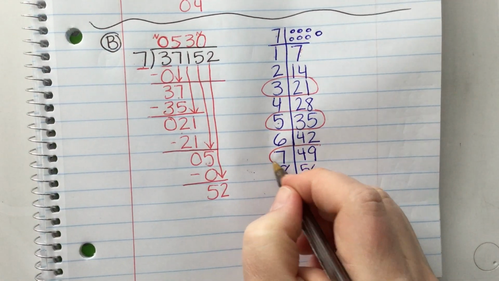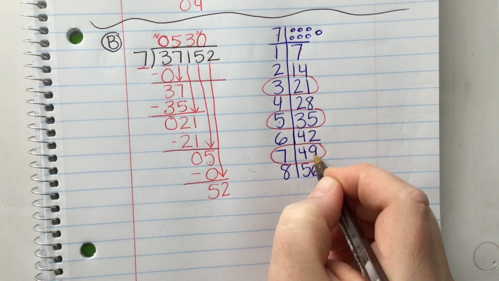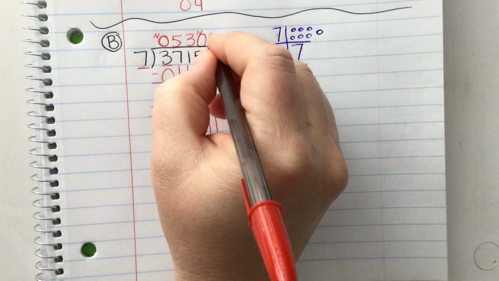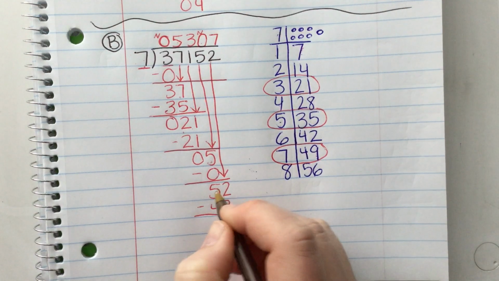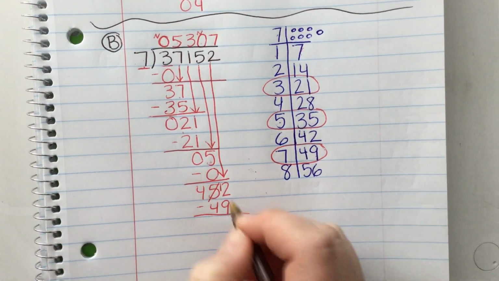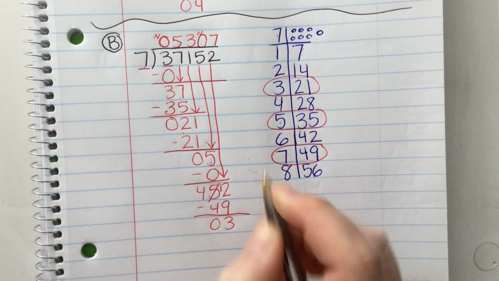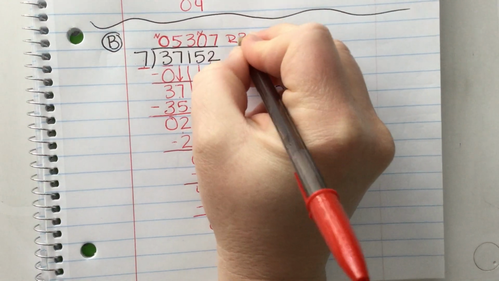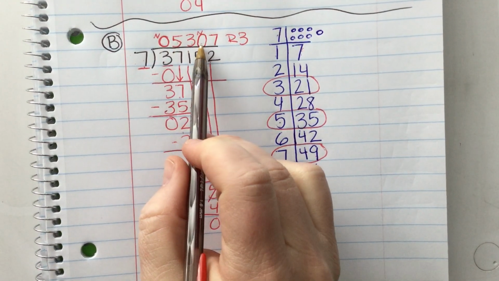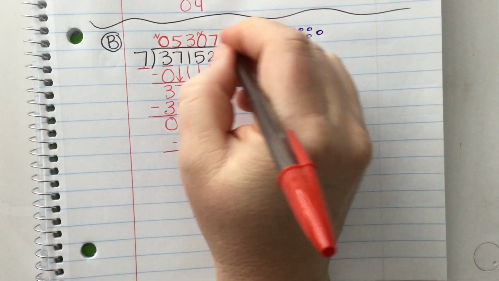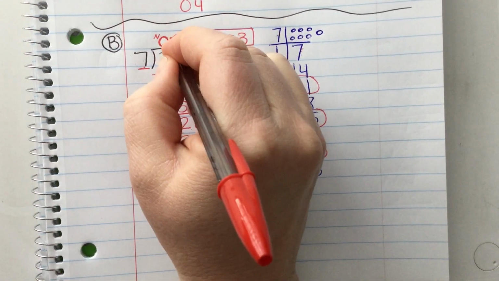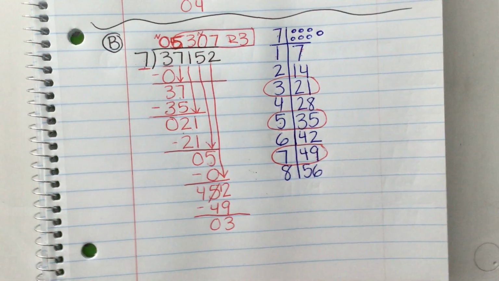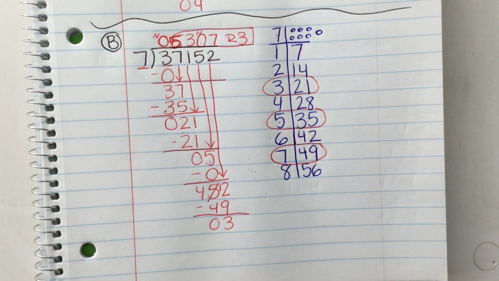I know that the closest I'm going to get is 49, and that is 7 times 7. And if I subtract, I get a remainder of 3. So 5,307, remainder 3.